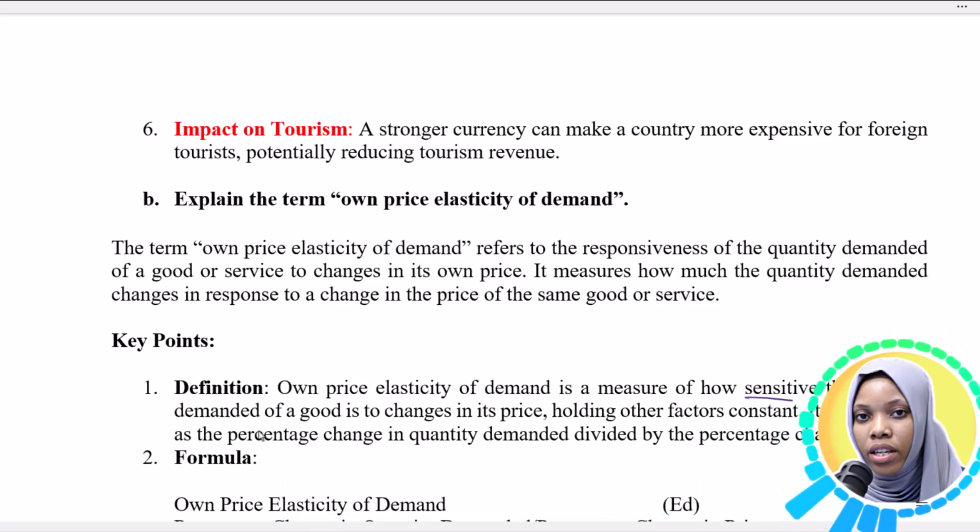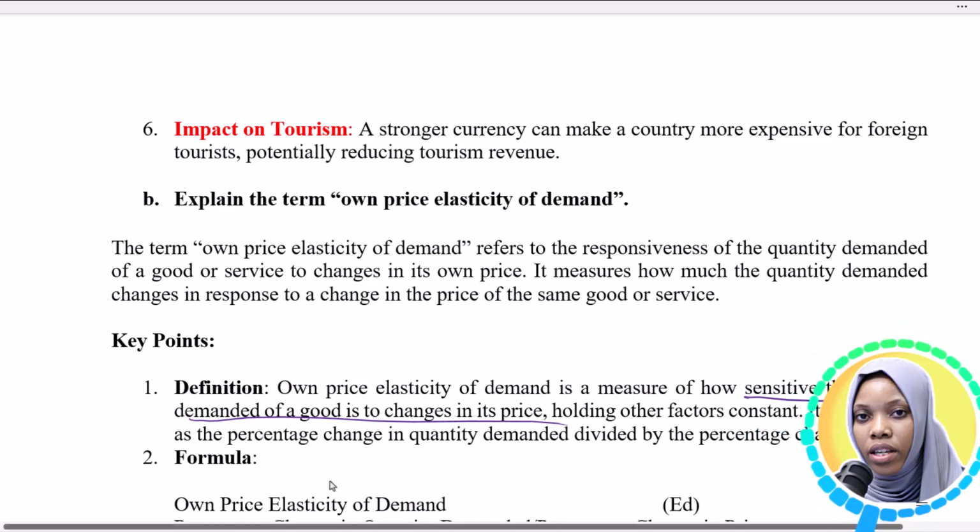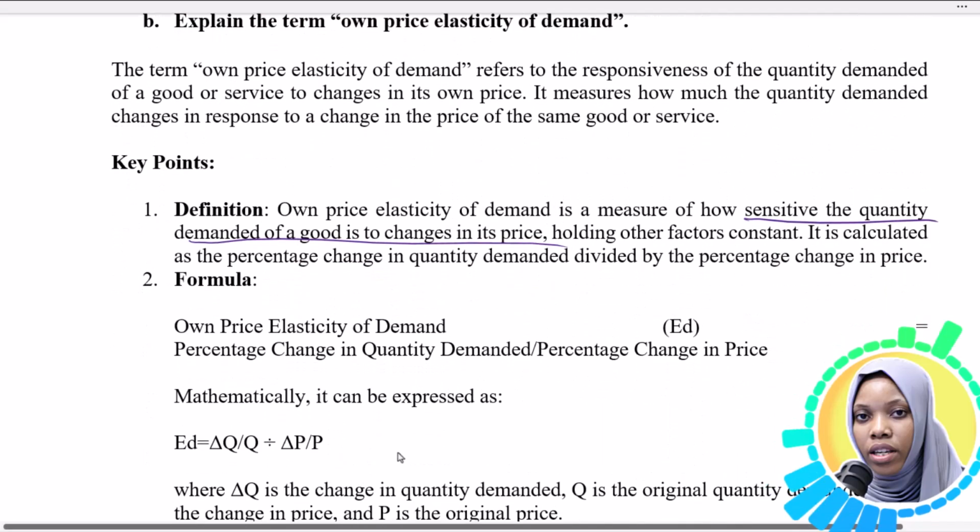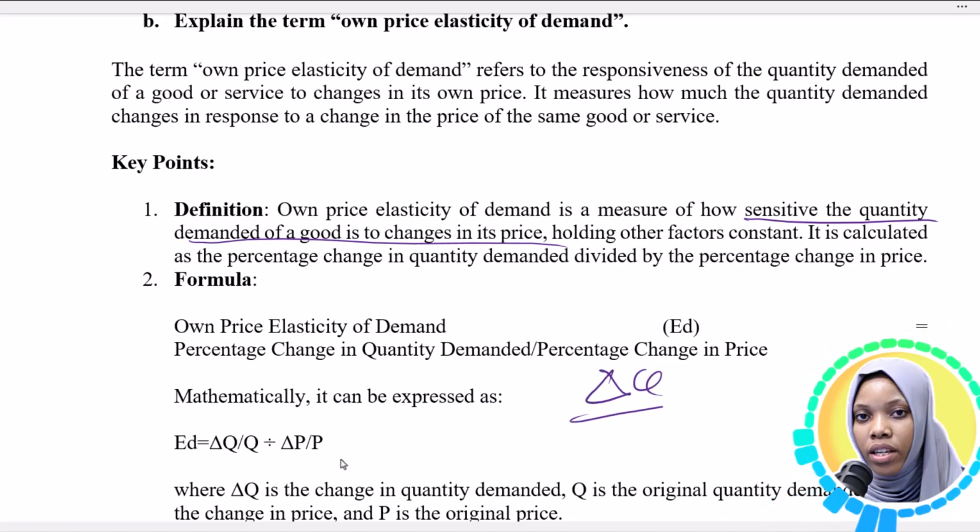So this is the sensitivity of the quantity demanded of a good with respect to changes in its price, holding other factors constant, and it is calculated as follows. That is change in quantity with respect to change in price is the price elasticity of demand.